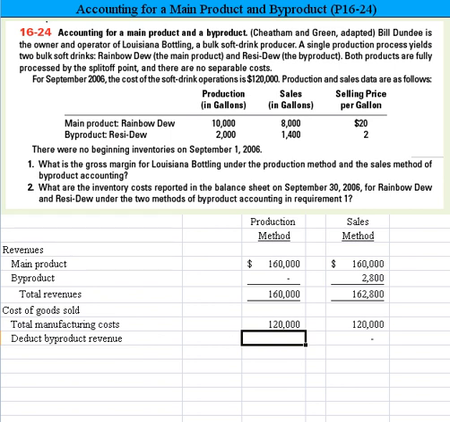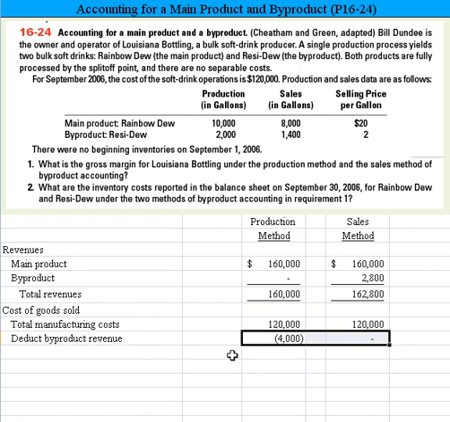We take what was produced times the selling price. So instead of using 1,400 times $2, which was the revenues of the byproduct, we take the 2,000 units produced times the $2. And we show that as a negative. So let me make that negative just so we get a negative amount here.